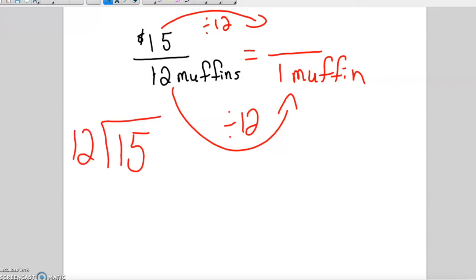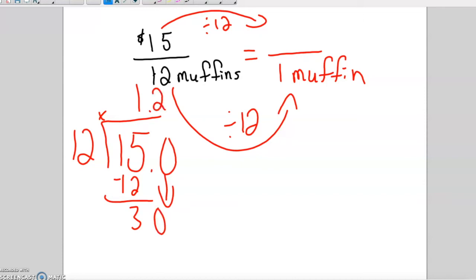Go ahead. See if you can figure that out. Push play when you got it. All right. No remainders here. How many 12s fit into 15? That's 1. 1 times 12 is 12. Subtract 3. Put your decimal point in, a 0. Bring it downtown. How many 12s fit into 30? That is 2. 2 times 12 is 24.